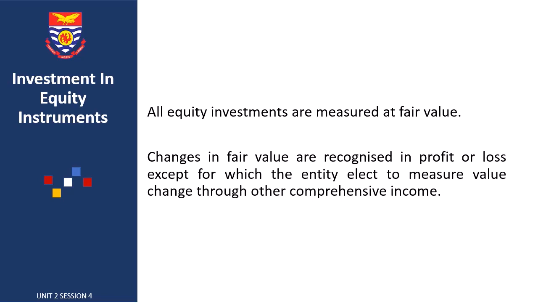So if you are measuring it through other comprehensive income, you send the change to other comprehensive income, not to profit or loss. That is from the perspective of the holder. If we look at it from the perspective of the issuer, he's not supposed to do anything. All right.